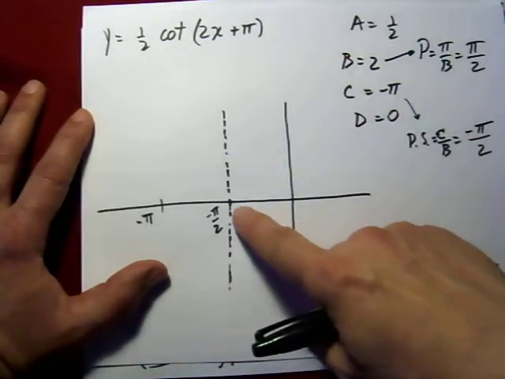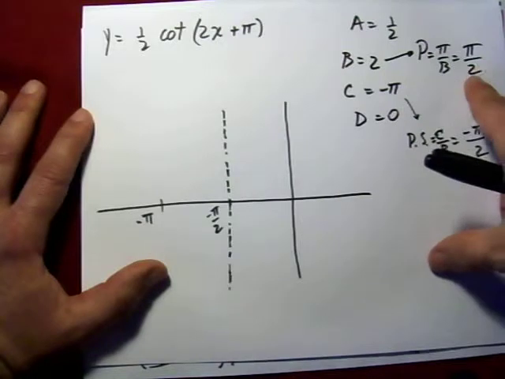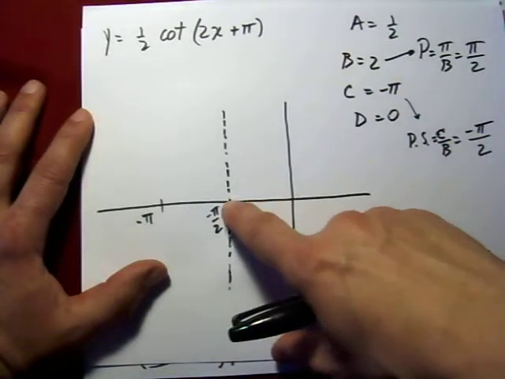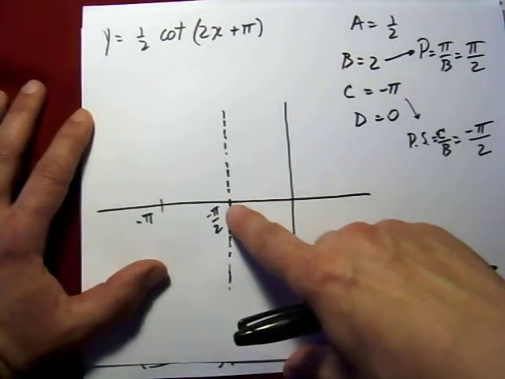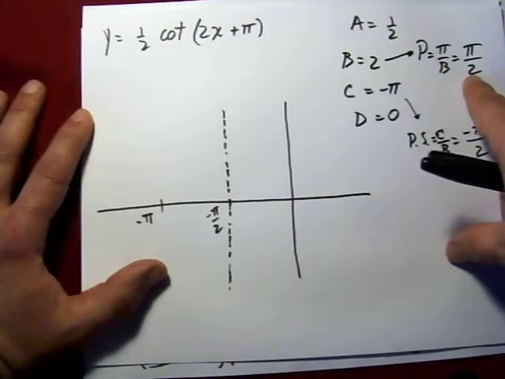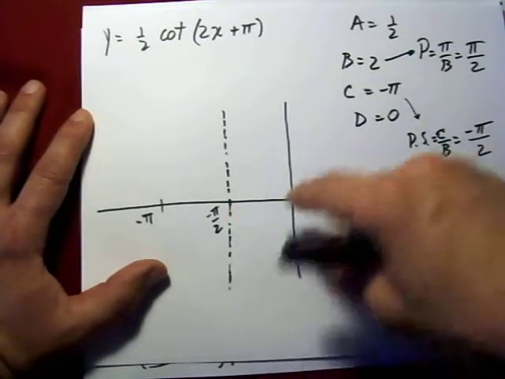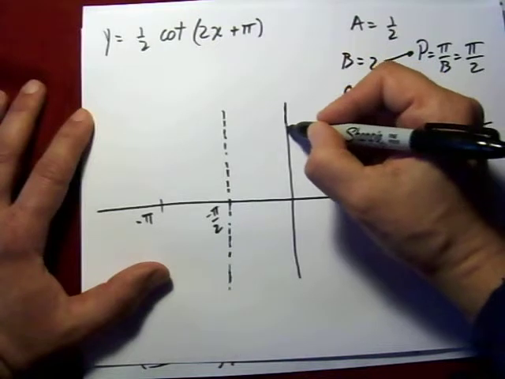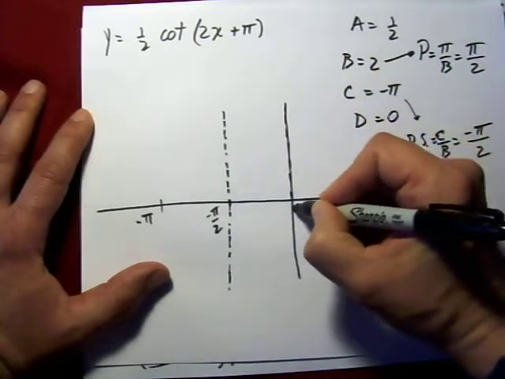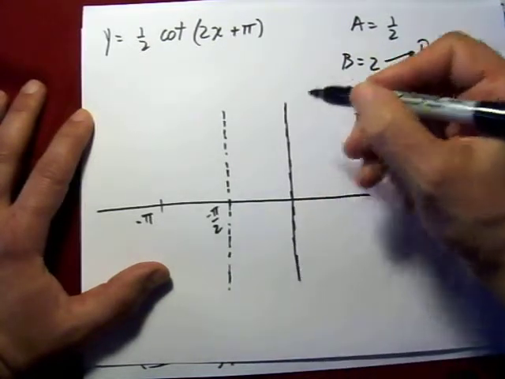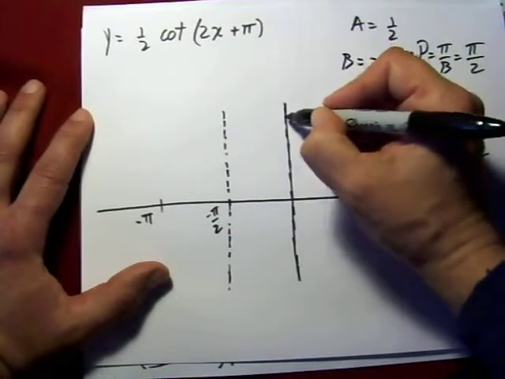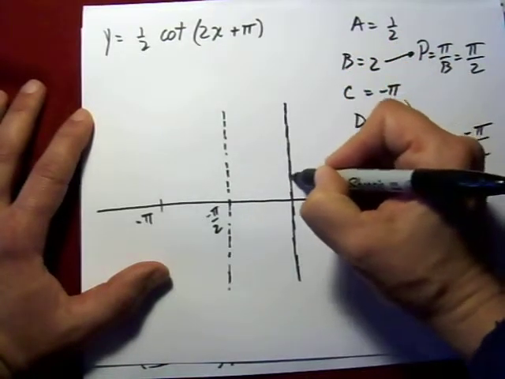Since my period goes pi over 2 in the positive direction, pi over 2 from negative pi over 2 will land us on the y-axis. I hope you could see that. This is my asymptote.